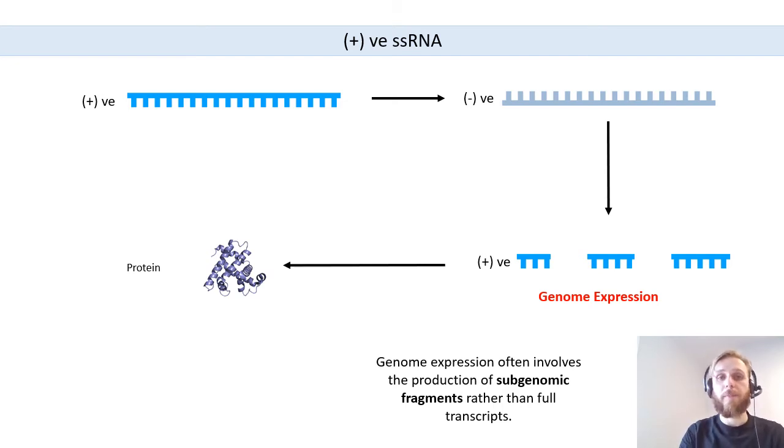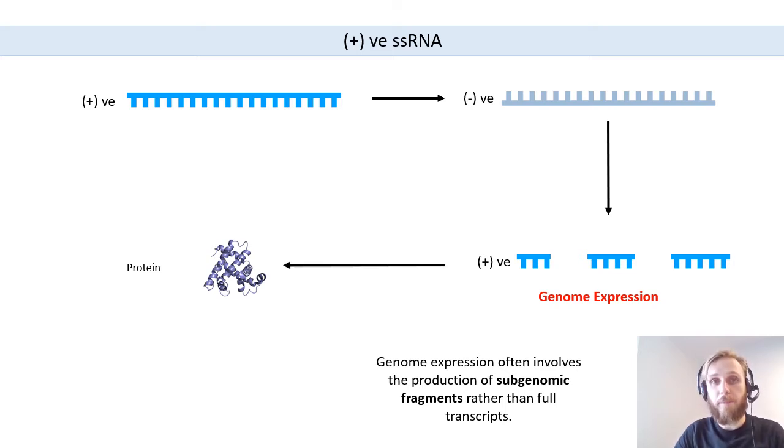What we looked at last week was the standard way in which many positive sense single-stranded RNA viruses express their genome. They start off with a positive sense strand, produce a negative sense strand from that, and then produce a complementary positive sense strand, and this positive sense strand is then translated into protein. For many of these viruses, this is exactly what happens.